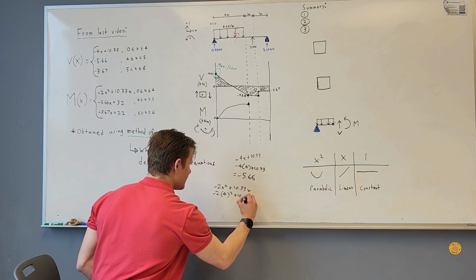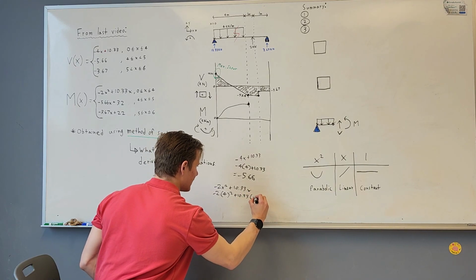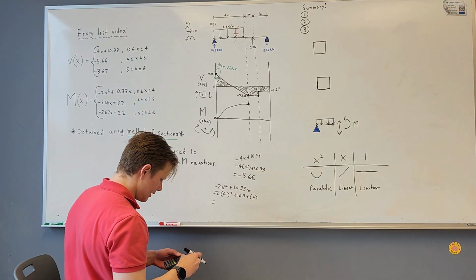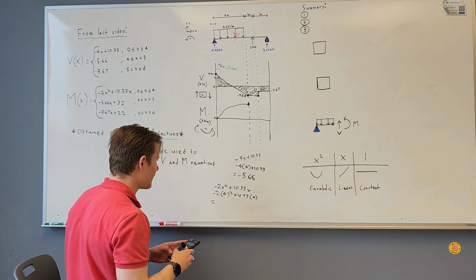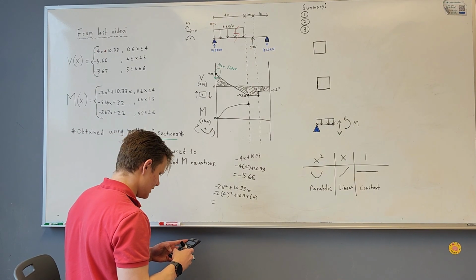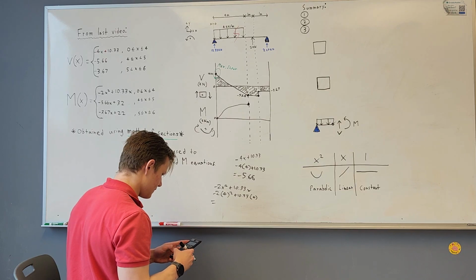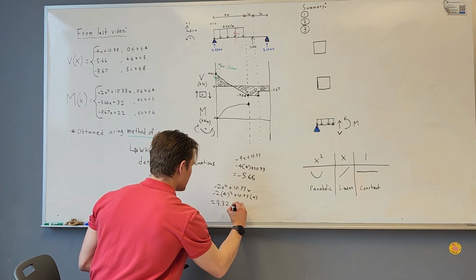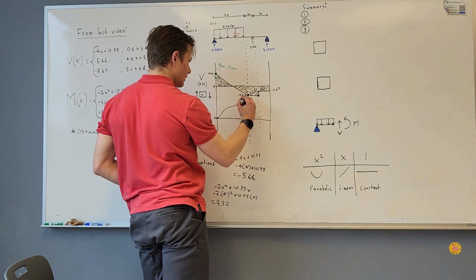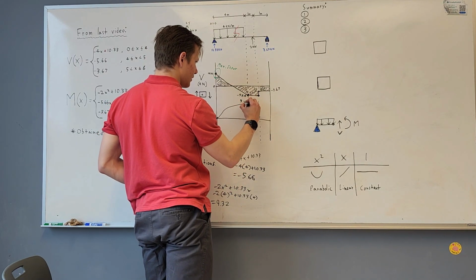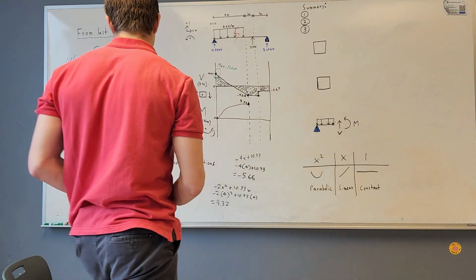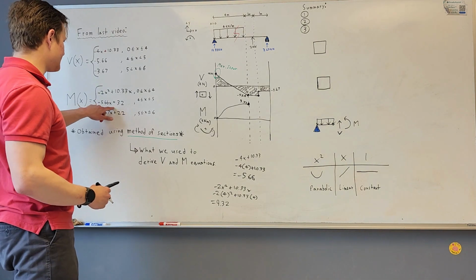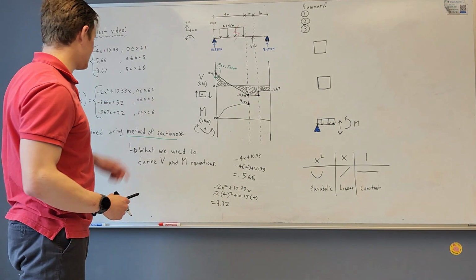Plus 10.33 times 4. What does that give us? We go to the calculator. We get 9.32. Okay.